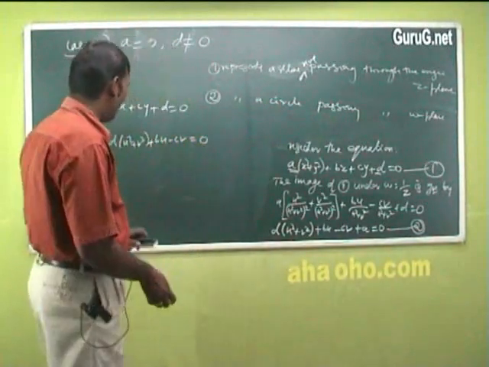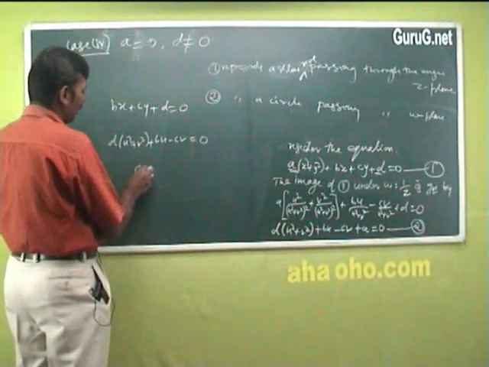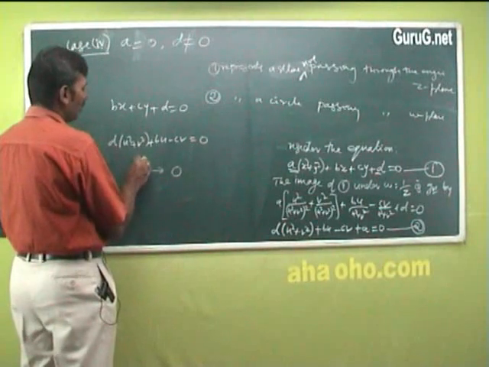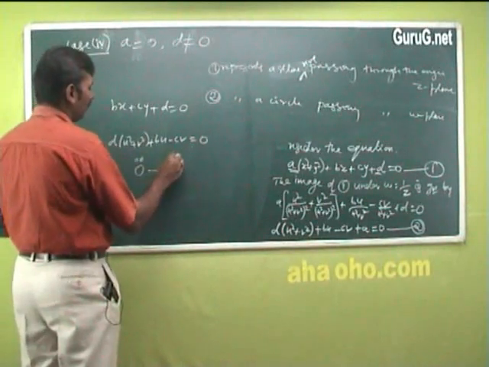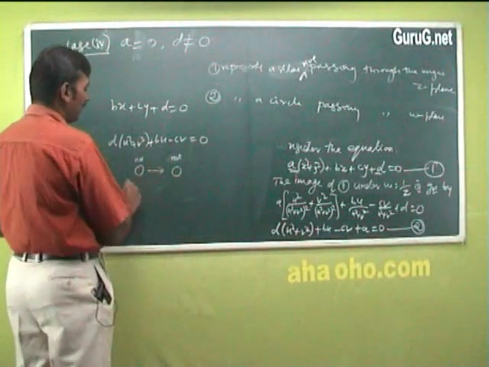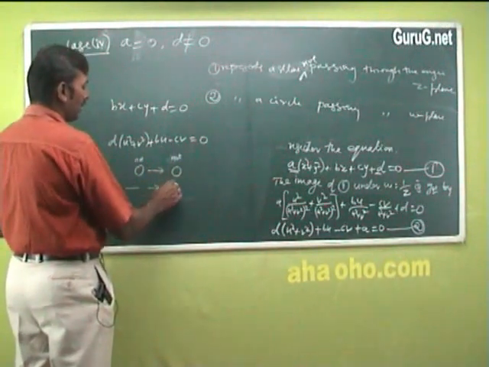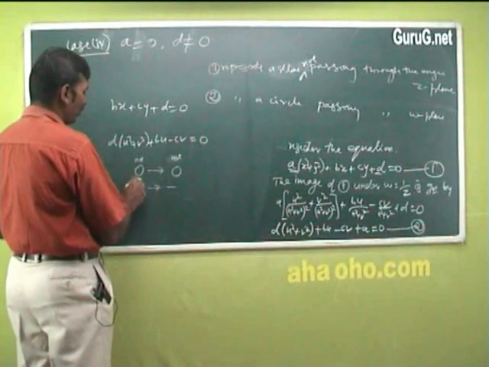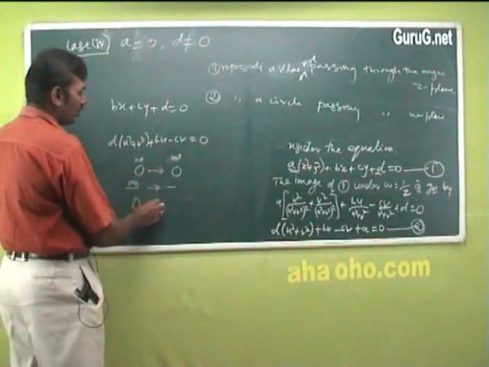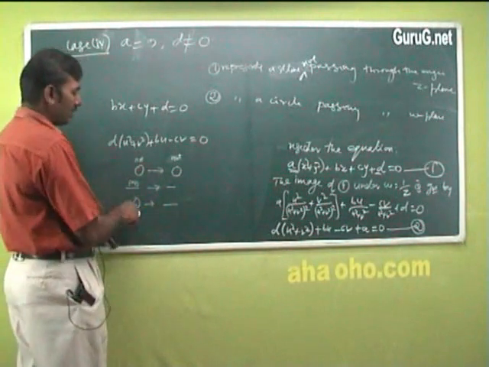So what are the 4 cases? Circles are transformed to circles. What type of circles? Not passing through the origin. A straight line passing through the origin is transformed to a straight line passing through the origin. Then circles transformed to straight lines. What kind of circles?